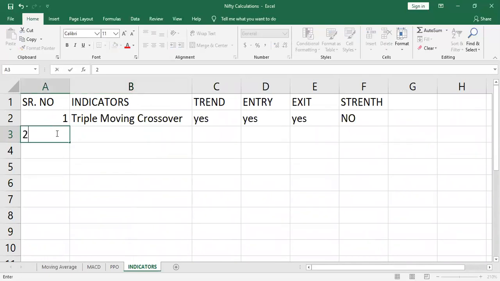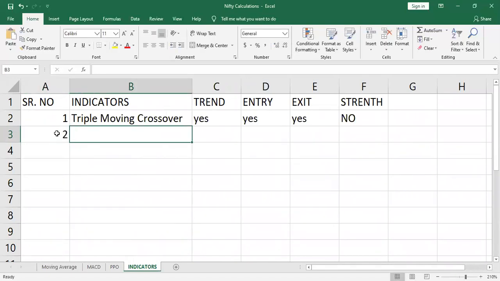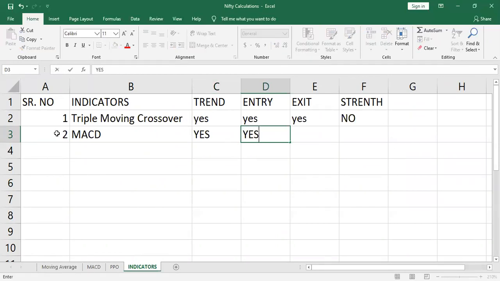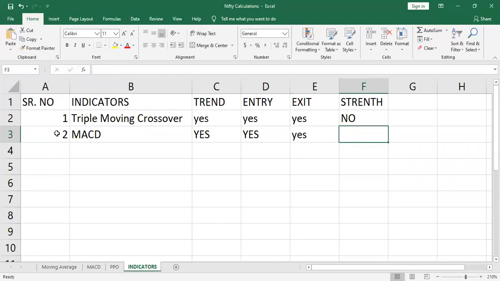Now the second is the MACD. Trend can be identified by it, then the answer is yes. Entry point, also yes. Exit point, yes. And strength, also yes.